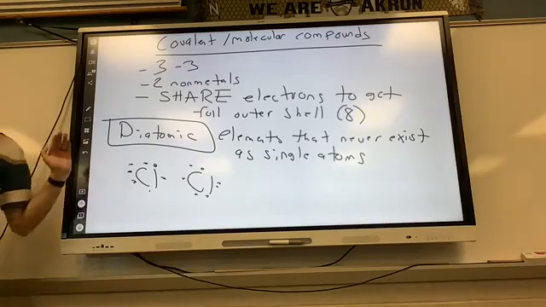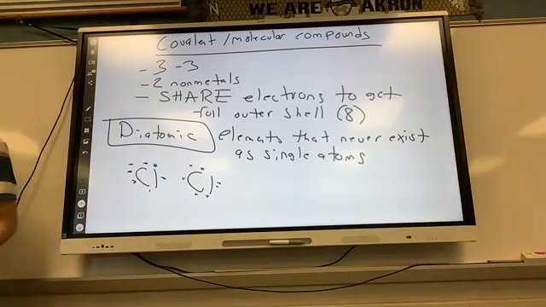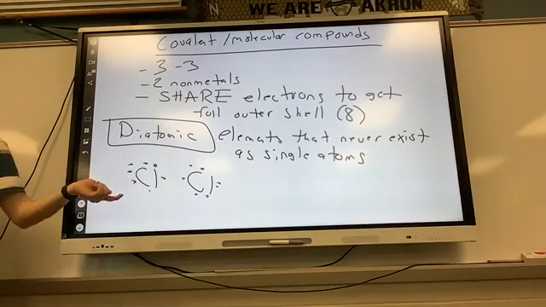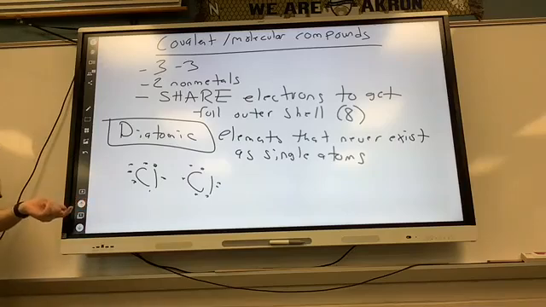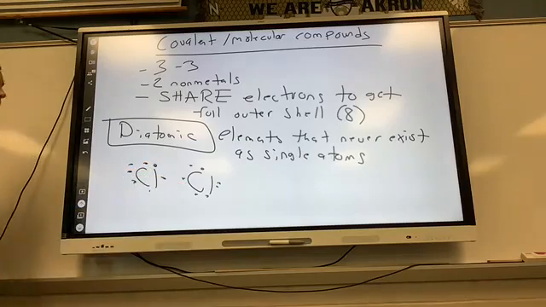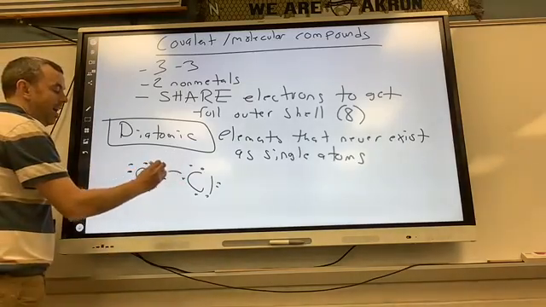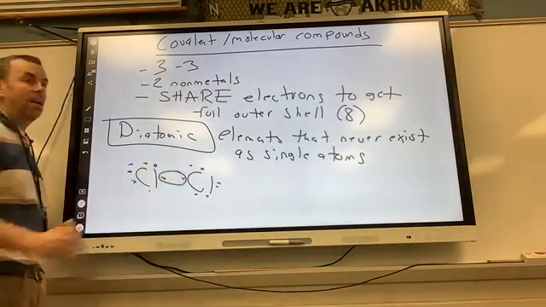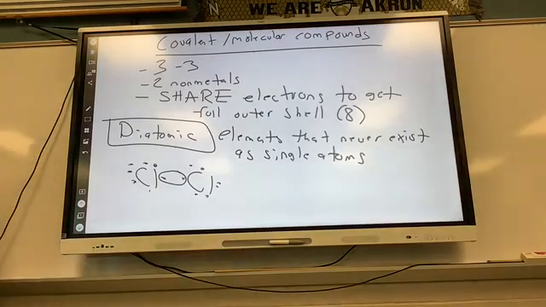If this chlorine would give an electron to that chlorine, would it want to do that? No. Why not? Because then instead of 7, it would be 6. It wants to still get one, right? What these do is they share a pair of electrons.